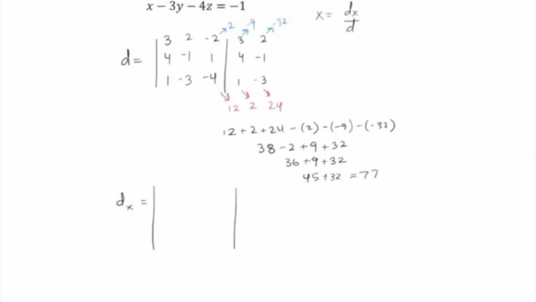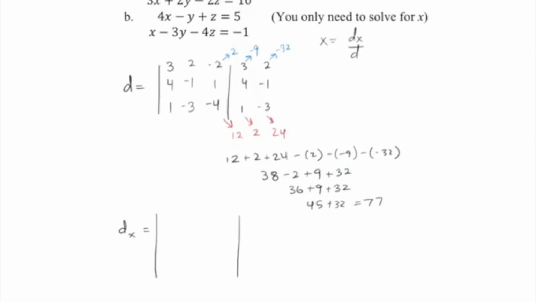So now for this determinant, we're going to take the values here, 10, 5, and -1, and that's going to replace the x column. All others stay the same. And then I'm going to use the same method here, so I'm going to copy these two columns over here.